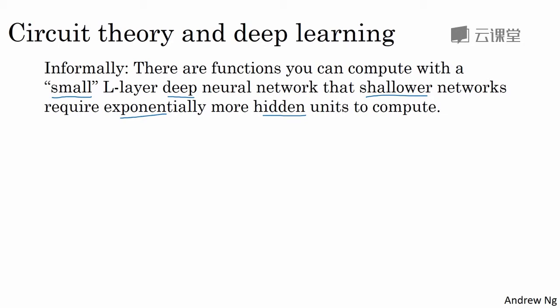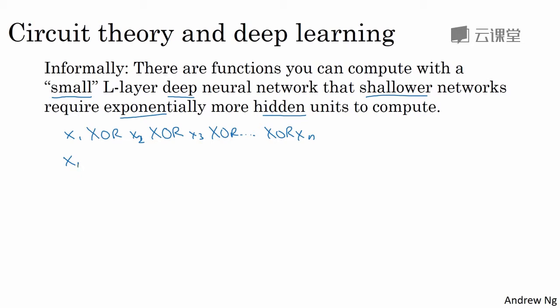So let me just give you one example and illustrate this a bit informally. Let's say you're trying to compute the exclusive OR, or the parity of all your input features. So you're trying to compute x1 XOR x2 XOR x3 XOR up to xn, if you have n features.